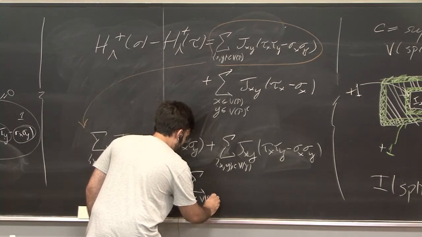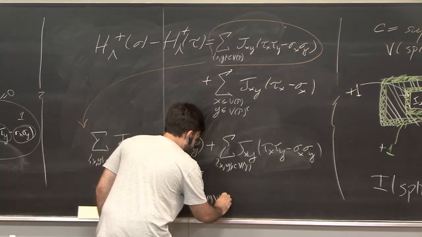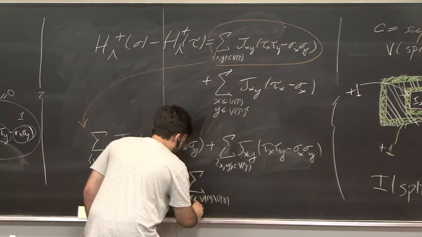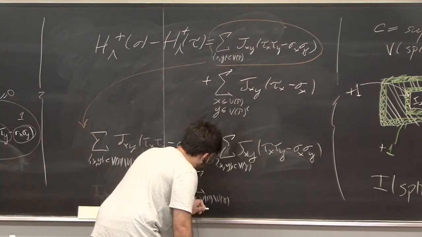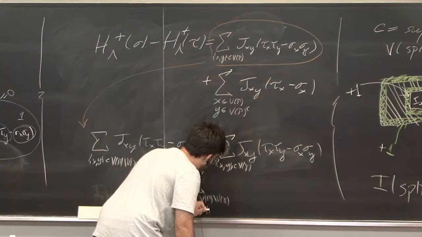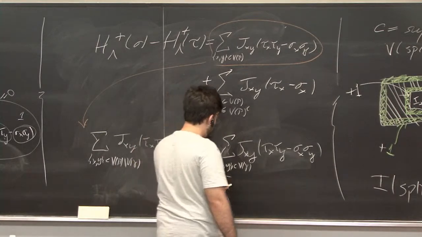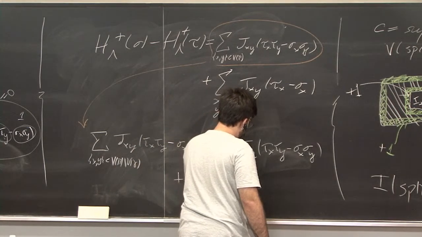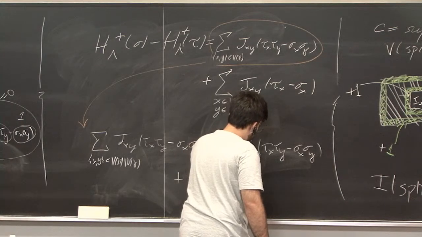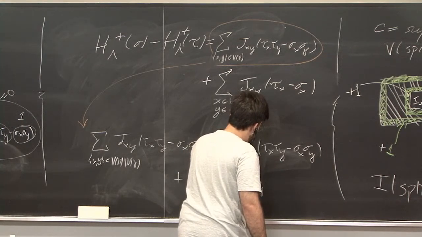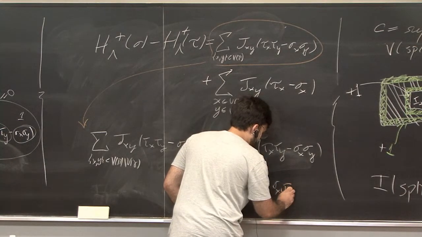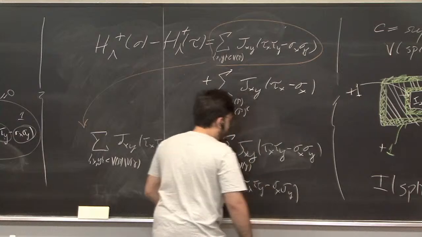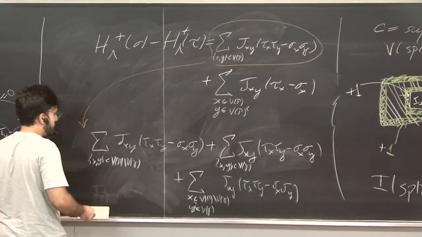So V gamma minus V gamma inside V gamma, tau x tau y minus sigma x sigma y. So again, what is happening in this case?